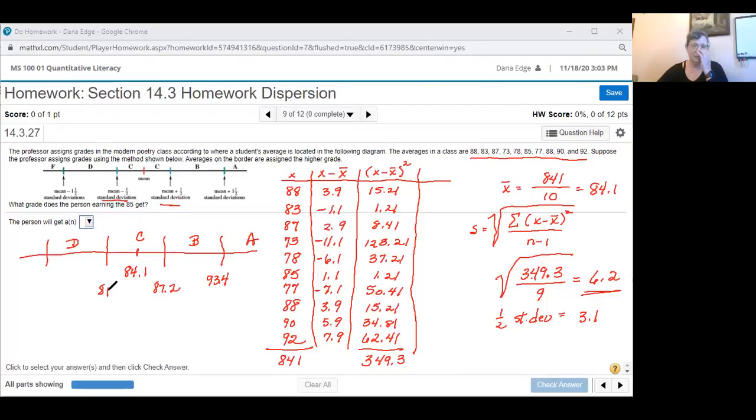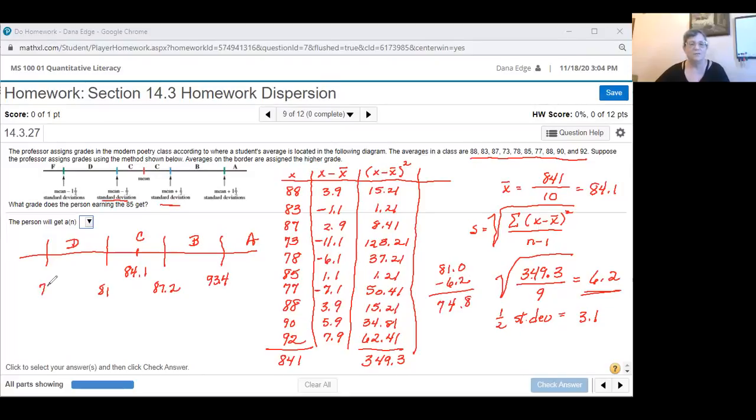The D grades, if I subtract a standard deviation from this, 81 is already a half of standard deviation below. So if I subtract one standard deviation, that's going to give me 1.5 standard deviations below.